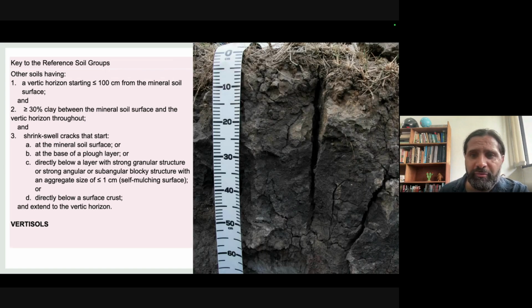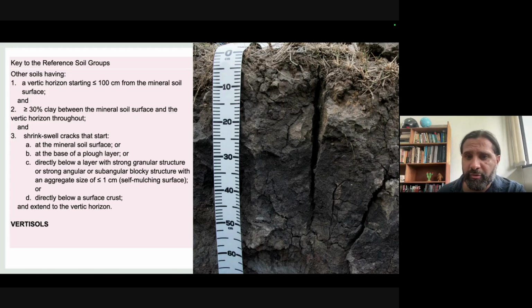We also have the vertisols, as I said, soils that register a high content of clay and high activity clays. The vertisols also express some problems for root growing and, rather, water percolation. It's not so hard because we have huge cracks, but definitely for root growing.